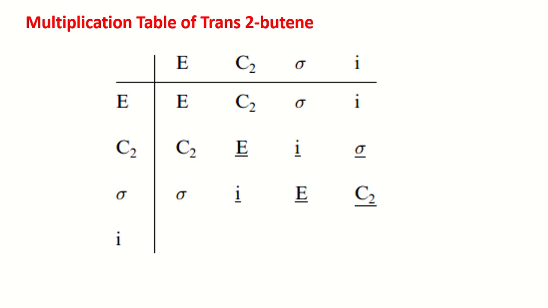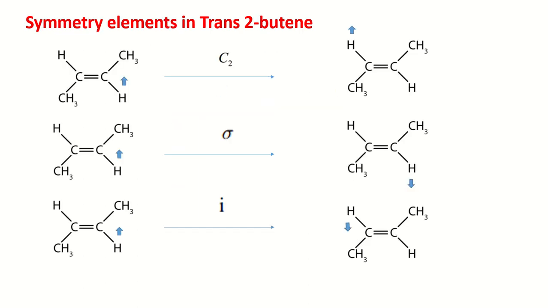What will happen if we apply inversion center then identity? The result would be the inversion center, and we know it quite clearly. What will happen when we apply inversion center to trans-2-butene and then C2? Let's see what happens when we apply inversion center. The product would be like this, and then C2, what will happen?